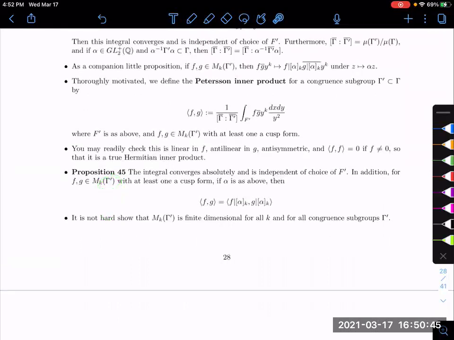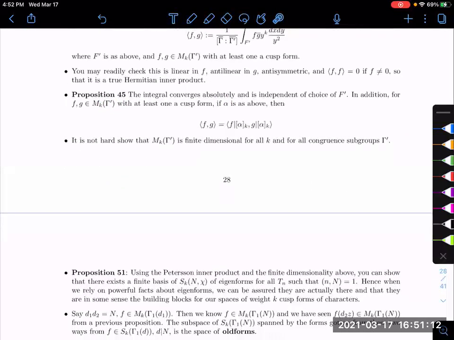And all I'm going to assume is that this space of modular forms has at least one cusp form. Then if alpha is any matrix in GL2 plus, not even in SL2Z, just any matrix in GL2 plus, then the inner product of f with g is the same thing as the inner product of f bracket alpha with g bracket alpha. And that's pretty crazy.